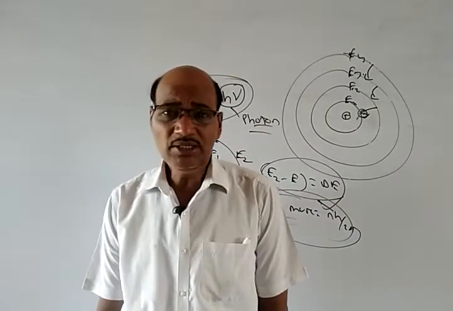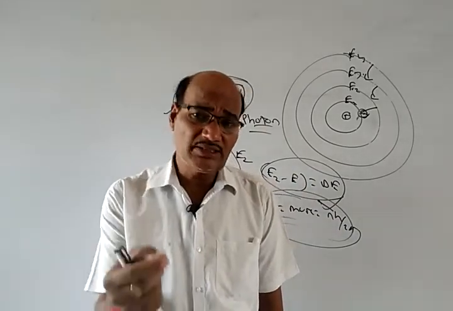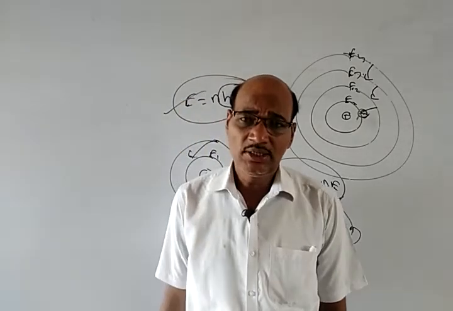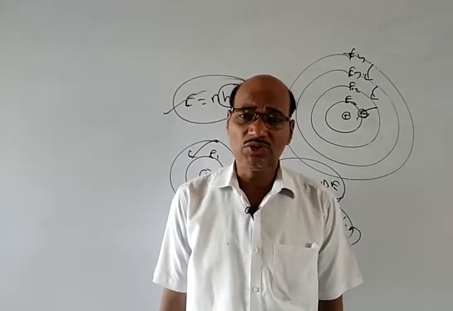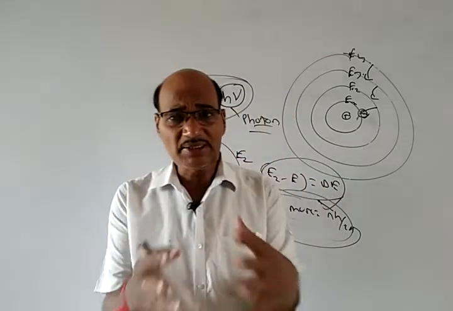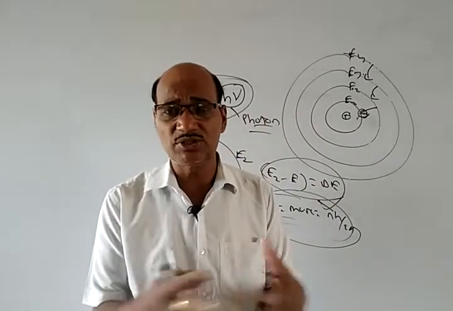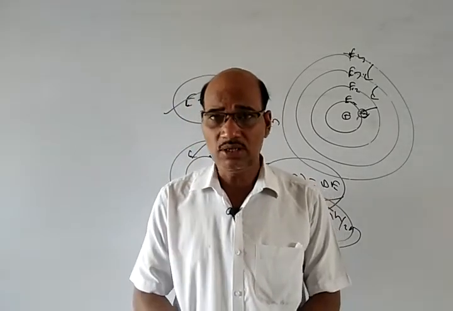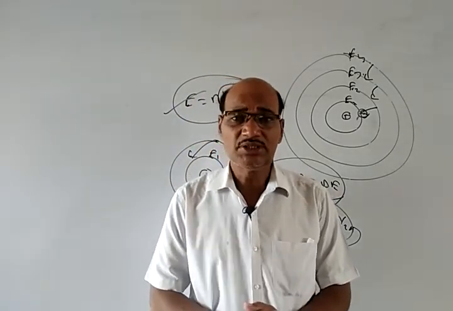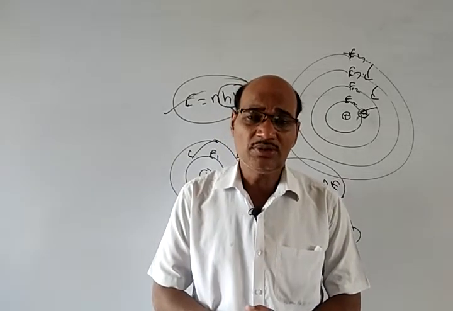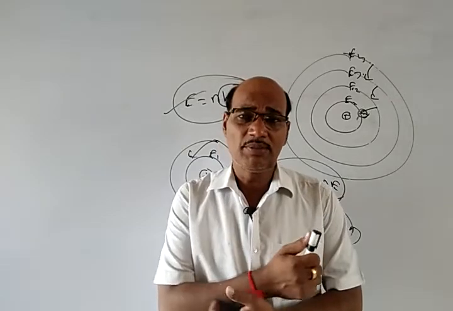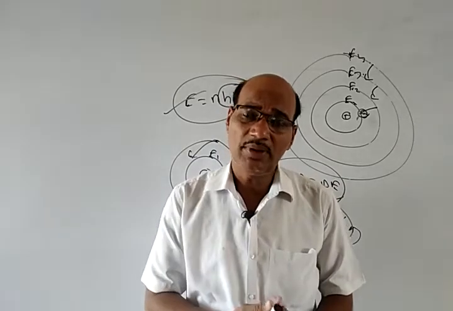He took Planck's equation E equals h nu and Einstein's equation E equals mc square, and from these two relations he derived lambda equals h by mv, or lambda equals h by p. That means lambda is proportional to 1 by momentum.